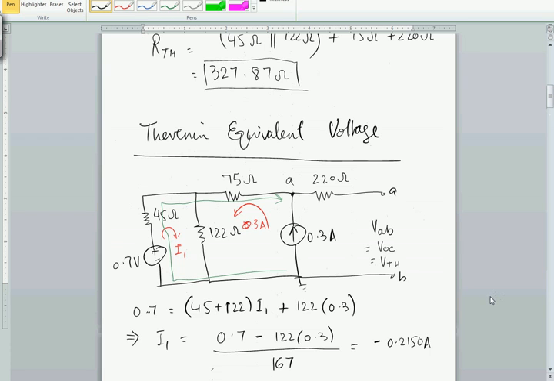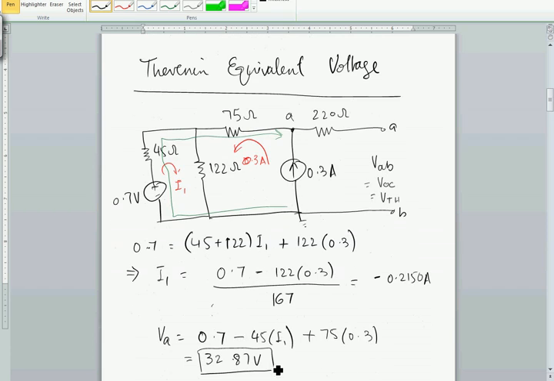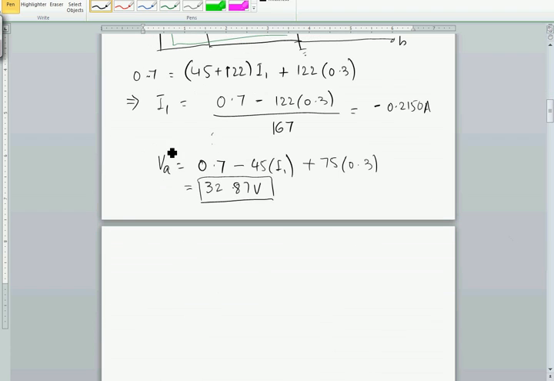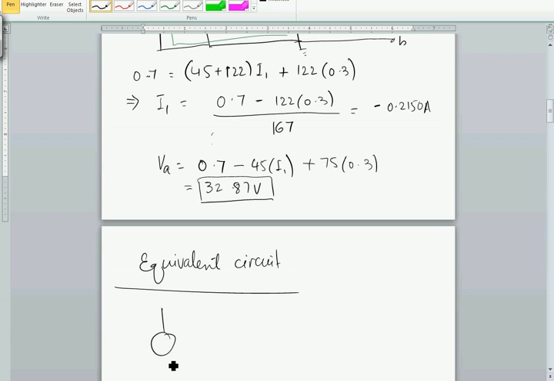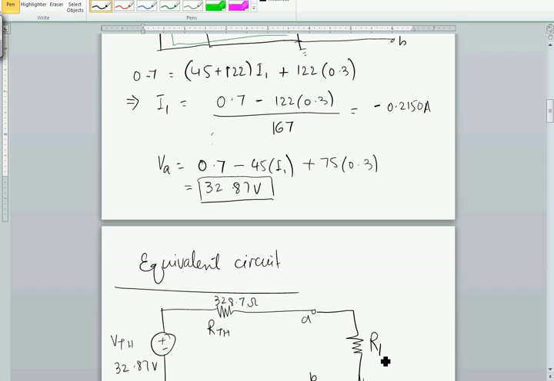So when I'm drawing my Thevenin equivalent circuit, it will be your Thevenin equivalent voltage, your Thevenin equivalent resistor, connected between terminals A and B. RTH, VTH, 32.87 volt, 328.7 ohm, and then your load resistor is connected here. Oops, RL. And that's about it.